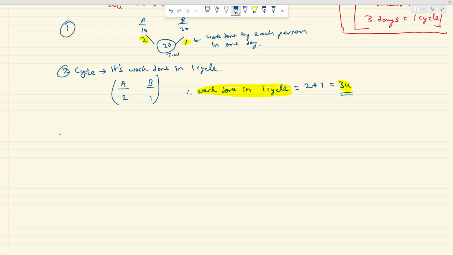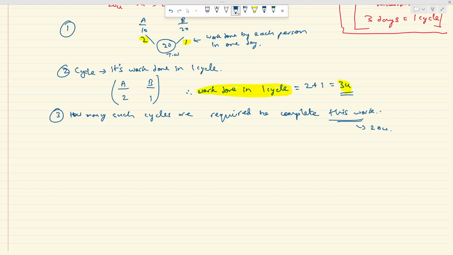Third step is to calculate how many such cycles are required to complete this work. And when I say this work, I mean the whole 20 units of work. How many cycles would be required? How would we know? Simple unitary method.